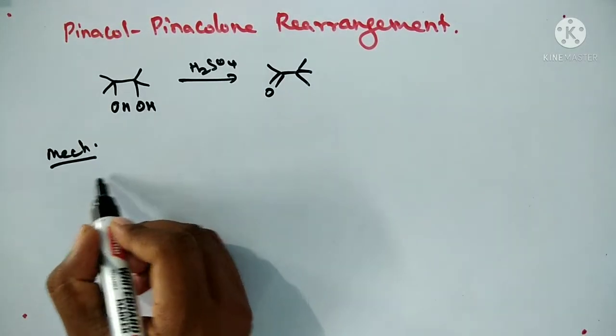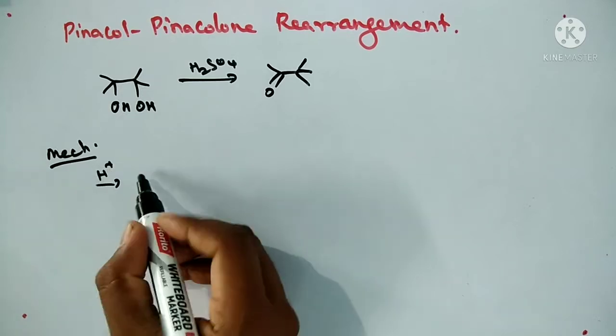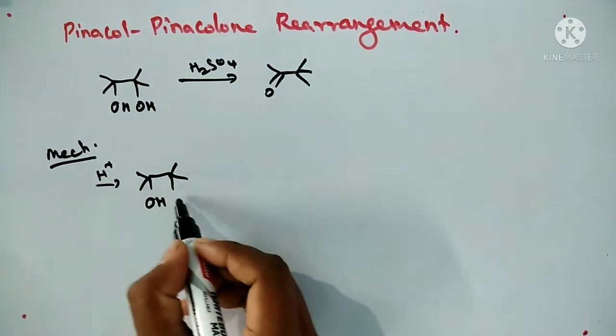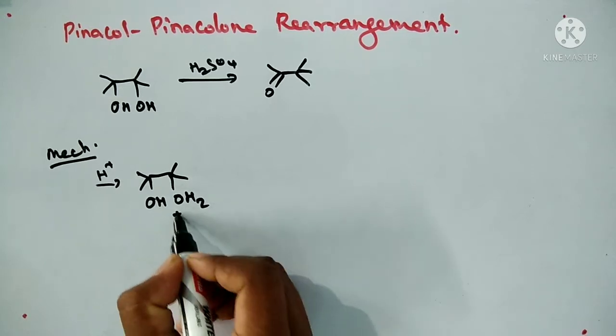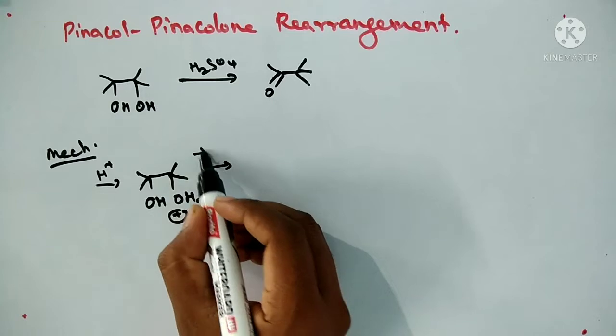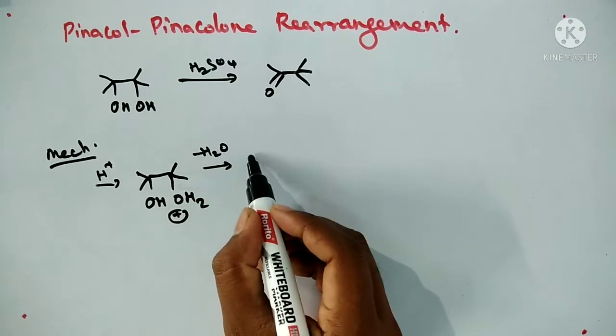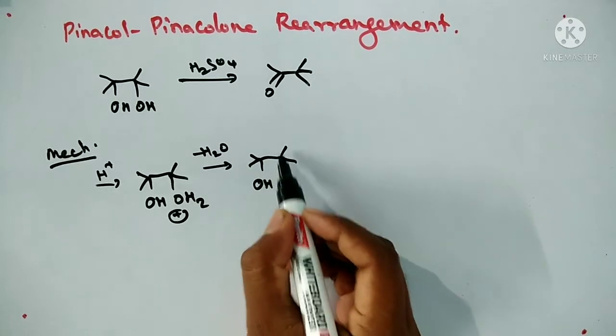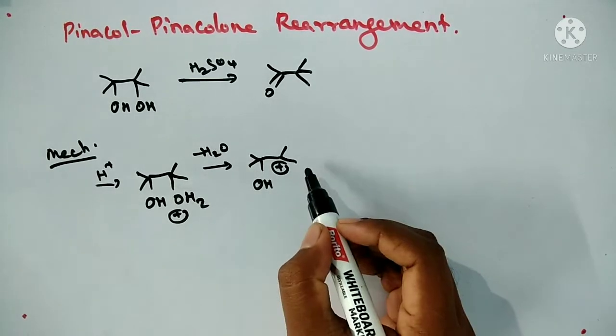So, in the presence of acid, the hydroxyl group gets protonated to give an oxonium ion. In the next step, the elimination of a water molecule leads to the formation of a tertiary carbocation.